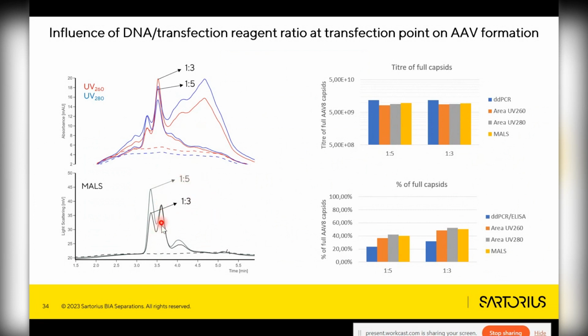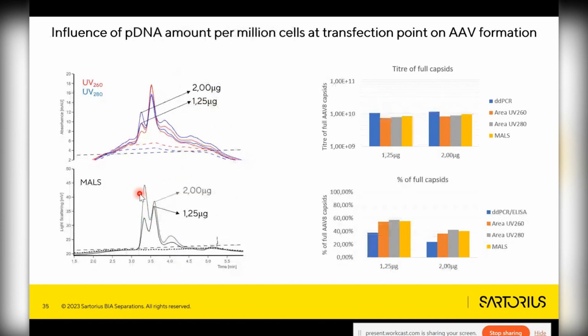If you just use QA, we would see that it doesn't matter how much transfection reagent we are using. But with this method, you will see you'd better not use such a ratio because you only produce empties and more of these other particles which are impurities. So the lesson here is to go for the optimal amount of transfection reagent to not produce empties.